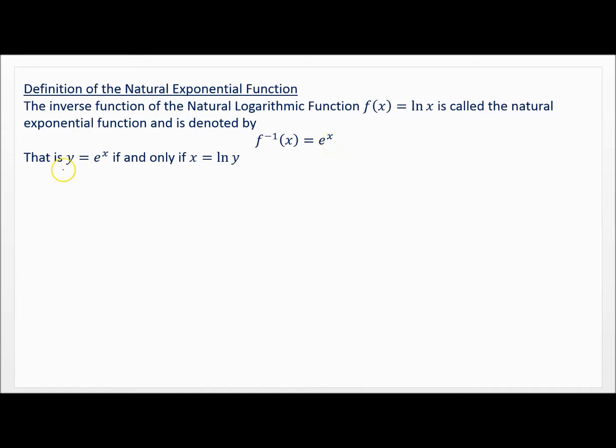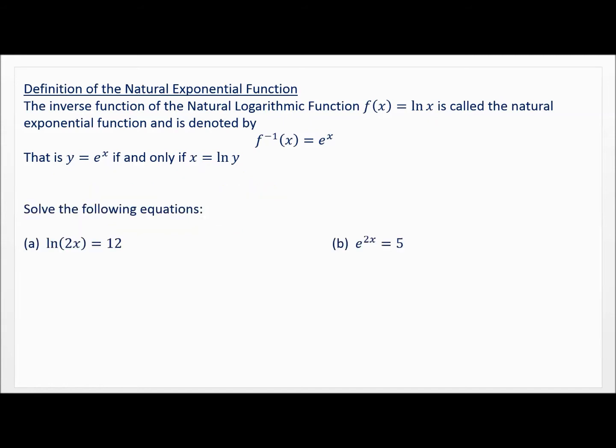So remember, this is exponential form, whereas if we rewrite that, that is logarithmic form for the same equation. But e to the x and natural log of x are inverse functions of each other.